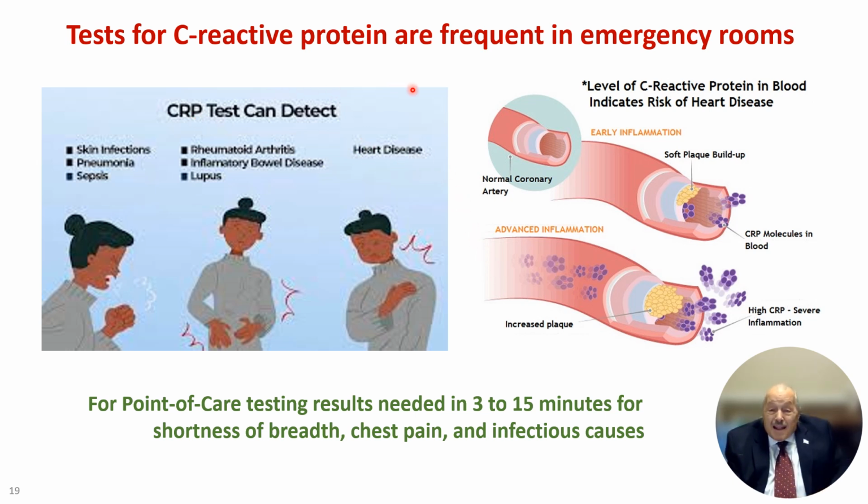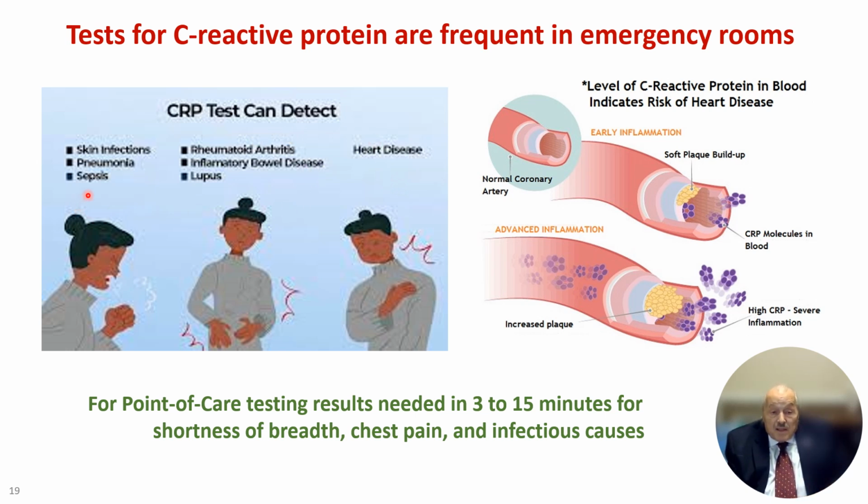Tests for C-reactive protein are very frequent in emergency rooms because someone walks into an ER, the usual complaint is chest pain, and the cardiac markers are one of the things that are predictive for a heart attack if you have elevated CRP.